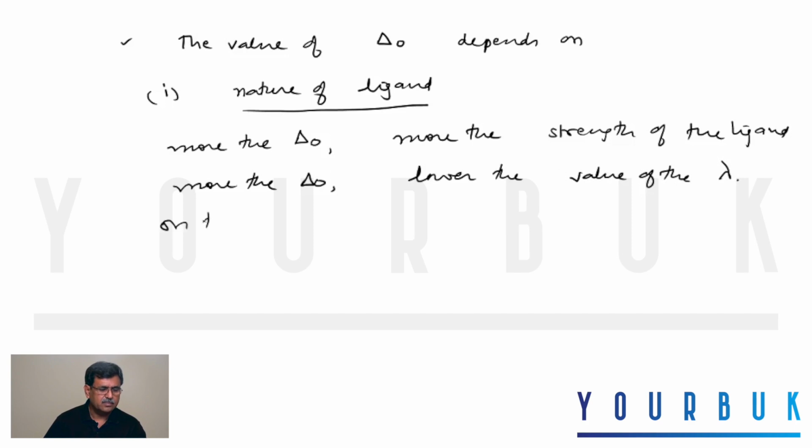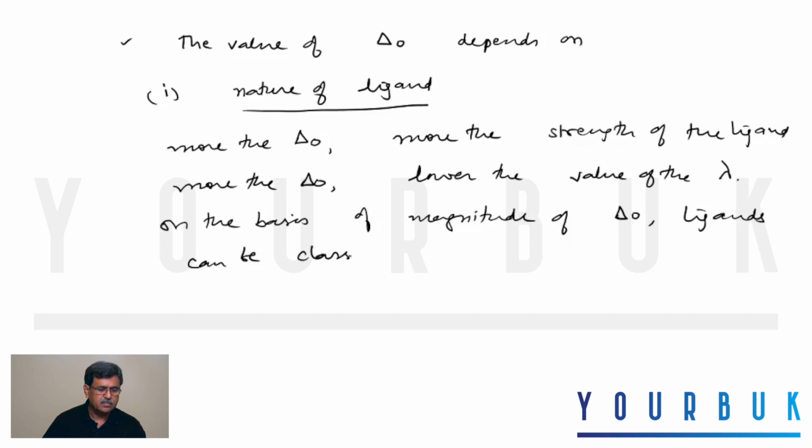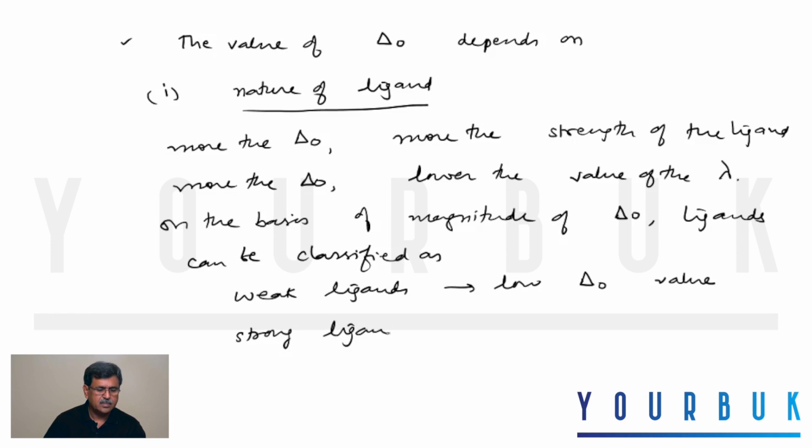On the basis of the magnitude of delta O, ligands can be classified as weak ligands, which have a low delta O value, and strong ligands, which give a very high value of delta O.